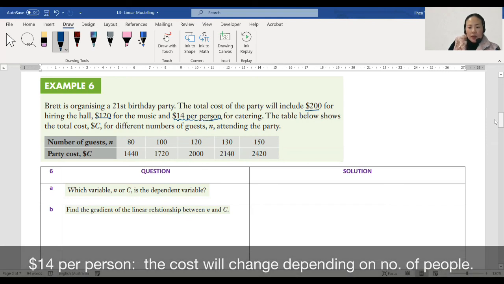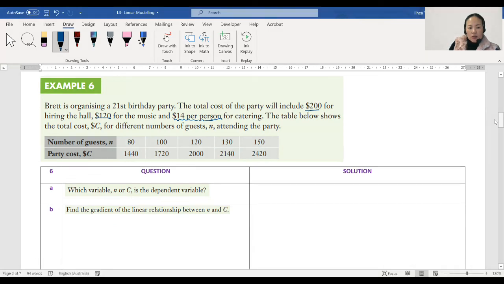The table below shows the total cost C for different numbers of guests N attending the party. Now that's an N on the top and the C on the bottom. Now I would actually put X and Y here. Okay, so we know that X is free to move around.